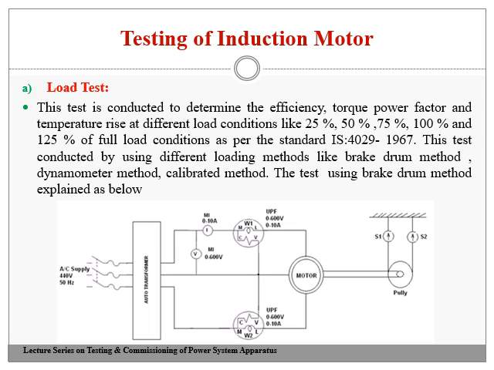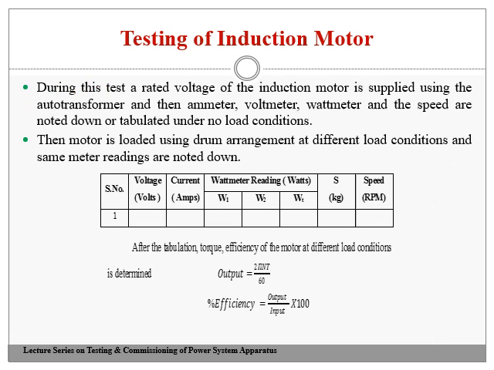Note down all the readings, the wattmeter readings, speed, S1, S2. Likewise, each step of the load condition is increased to 50%, 75%, 100% and 125%. In each load condition, all meter readings are noted down.